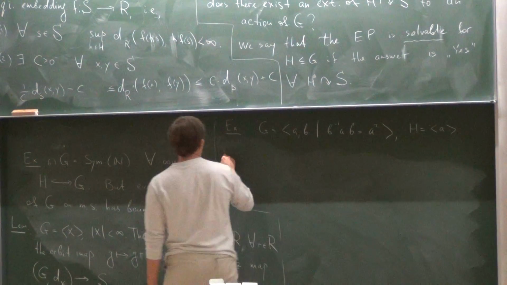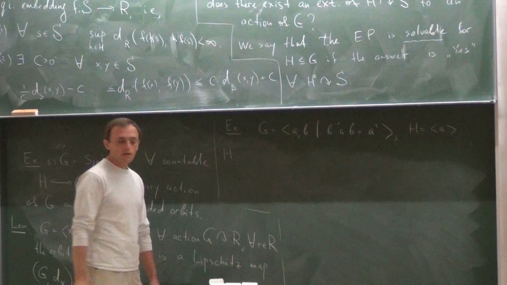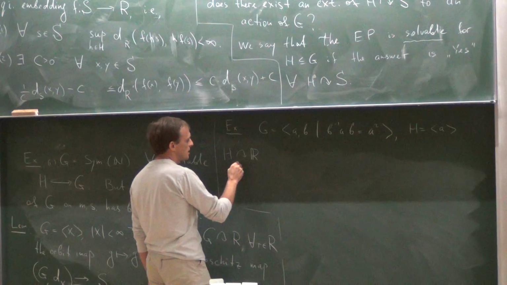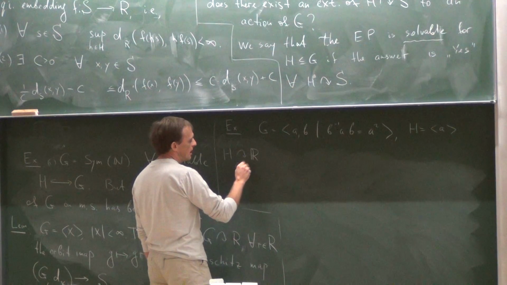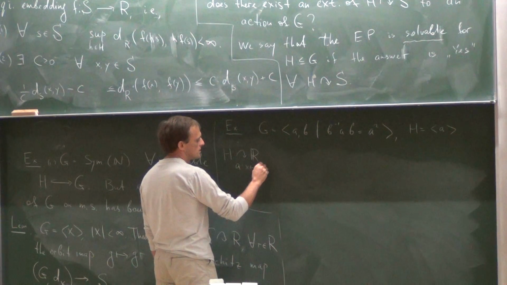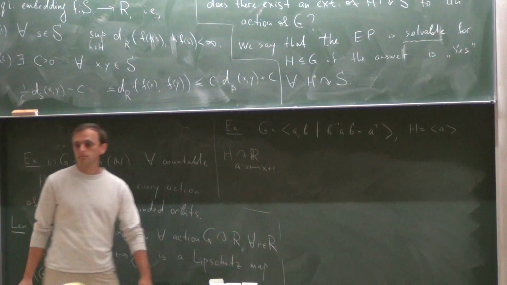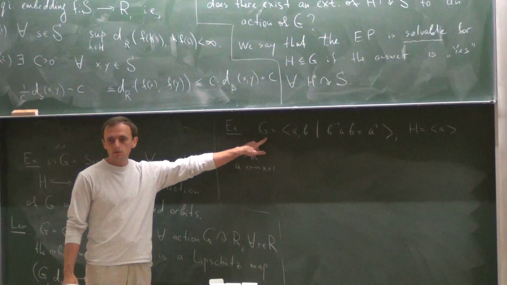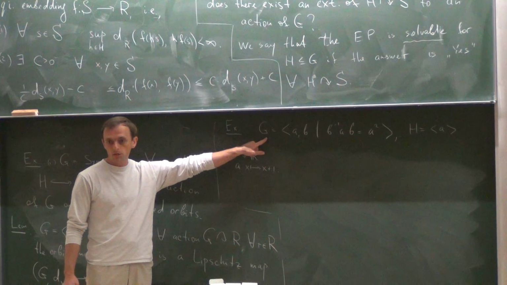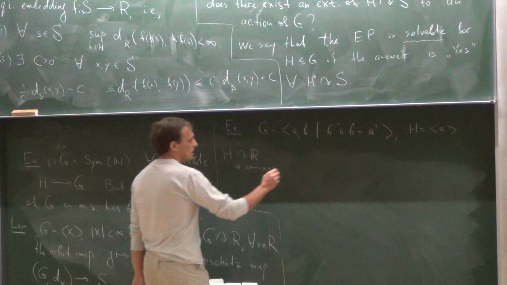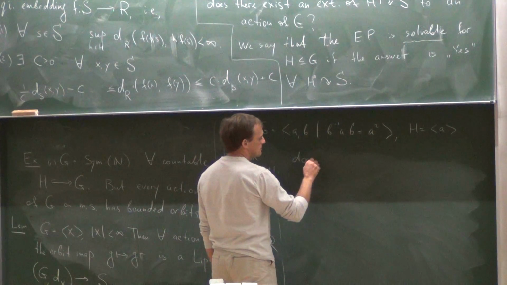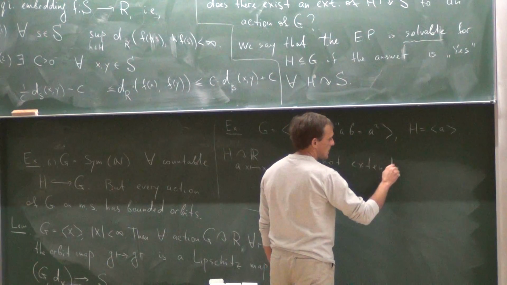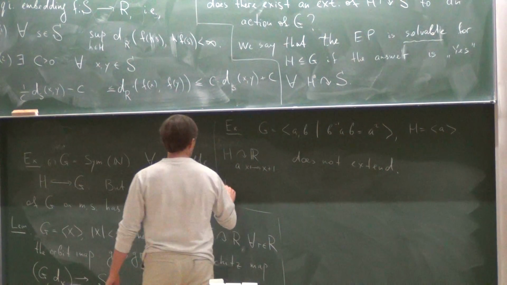So H is isomorphic to Z. So it acts on real numbers by translation. a maps x to x plus 1. Okay, translation action. I claim that this action does not extend to an action of the group G. So this does not extend. Suppose it does.